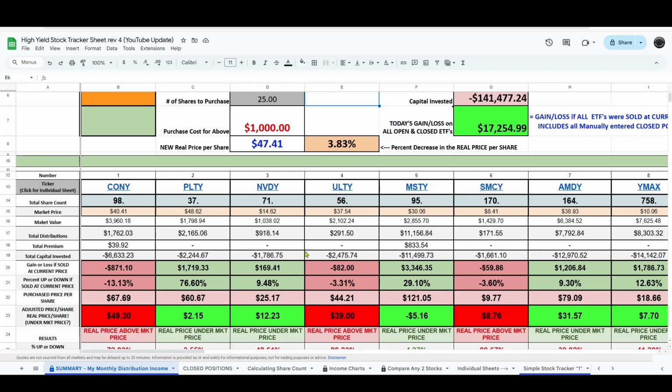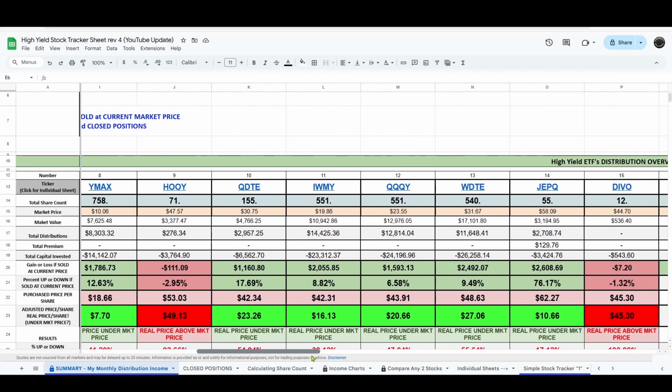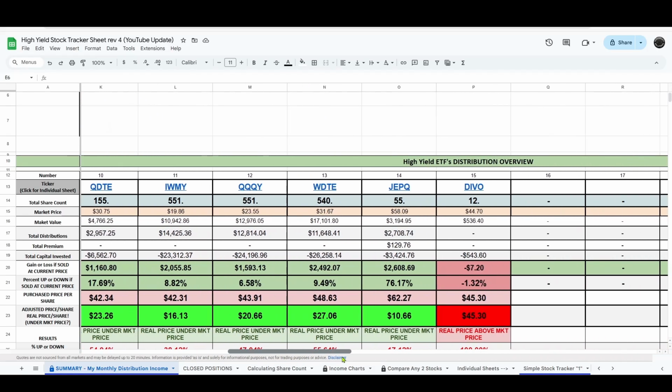And with those updates and the addition of DIVO, if I were to sell out of everything, including my closed positions, I would make $17,254, not including any taxes, of course, and that's up to you and your accountant to figure out the taxes in your area. But you can see I'm sitting pretty nice here, right?